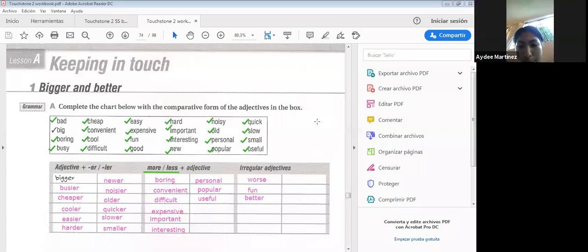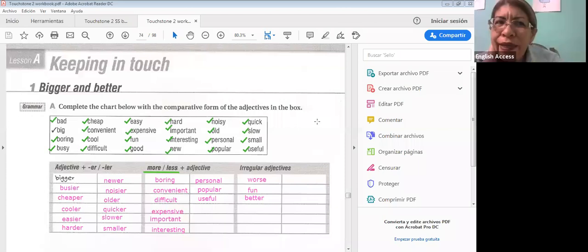Personal, popular, also for. Aide, listen.